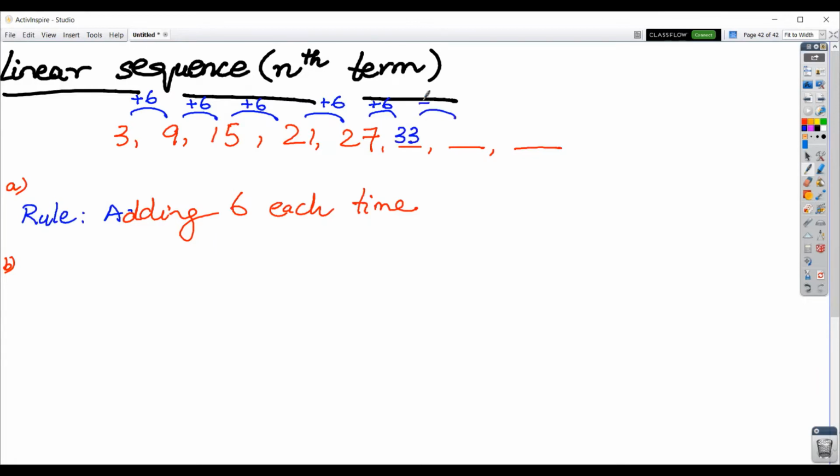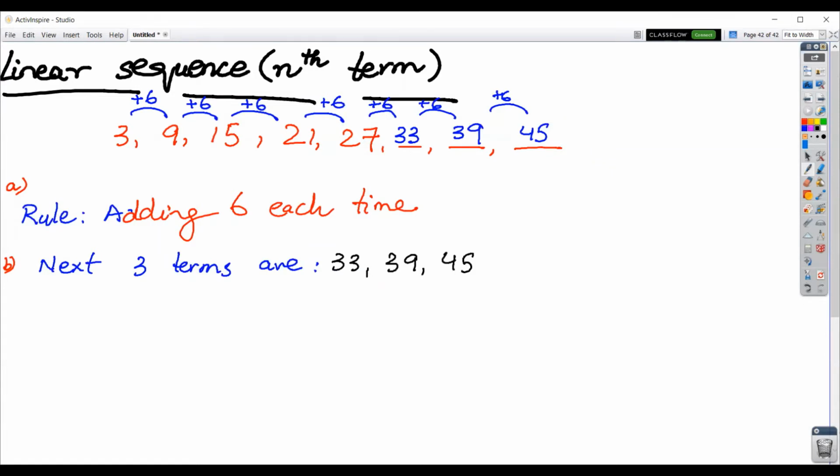And then 33 plus 6 would be 39. And when you do 39 plus 6, you get 45. So the next 3 terms of the sequence are 33, 39, and 45. I'm going to write down "next 3 terms are", and you write down the terms that you have found, which are 33, 39, and 45.